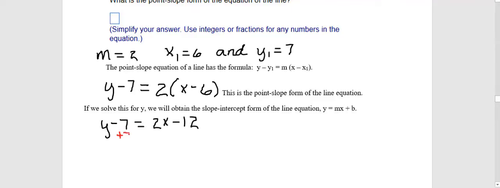First I distribute the 2. 2 times the difference x minus 6 is 2x minus 12. I multiply the 2 times the x and times the minus 6. I'm going to add 7 to both sides to isolate the y, and I get y equals 2x minus 5.